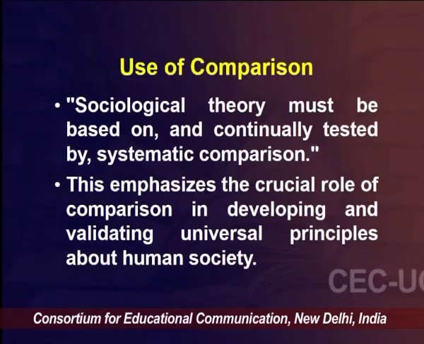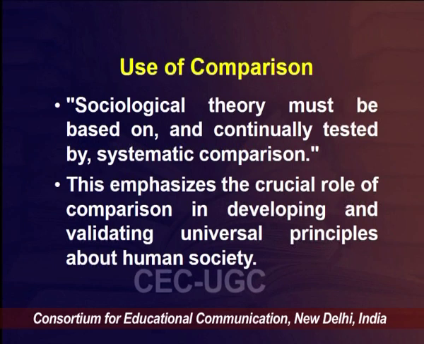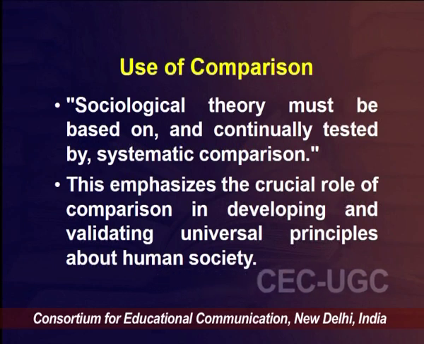He was a strong advocate of the comparative method, suggesting the use of comparison for developing sociological theory, and that is why he said sociological theory must be based on and continually tested by systematic comparison. This emphasizes the crucial role of comparison in developing and validating universal principles about human society.